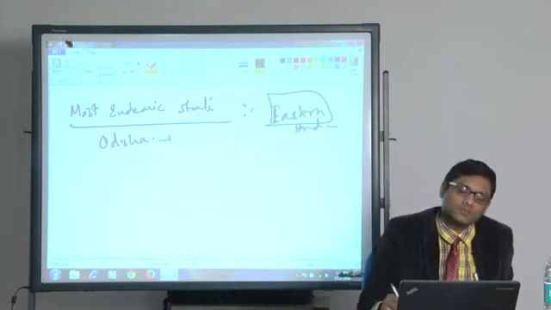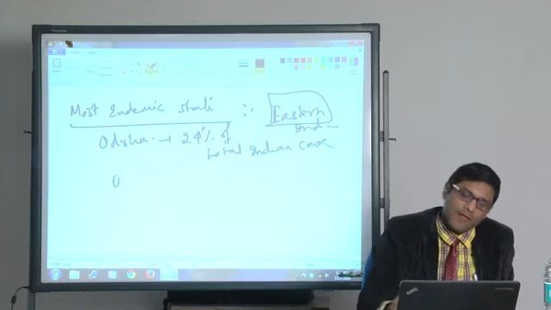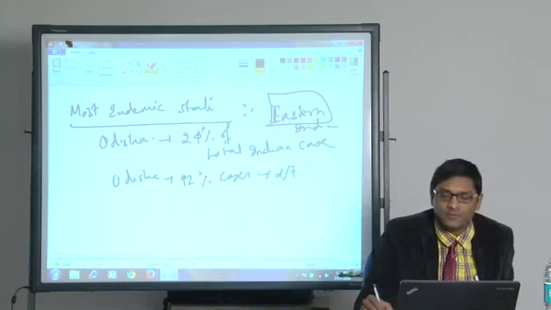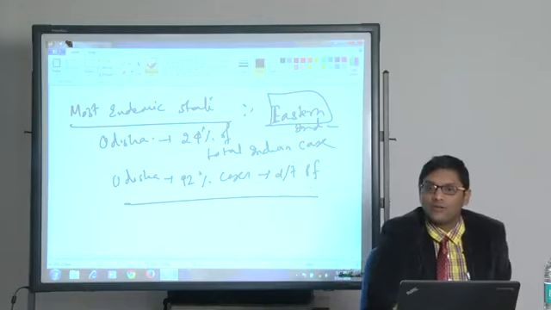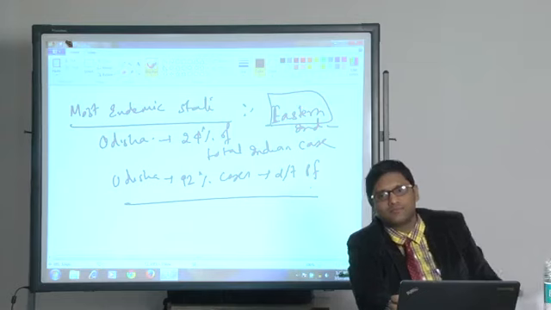Among that, Odisha accounts for 24% of the total malaria burden of India. And in Odisha, 92% of cases are due to Plasmodium falciparum. That is where it is more dangerous. Maximum cases are Plasmodium falciparum.